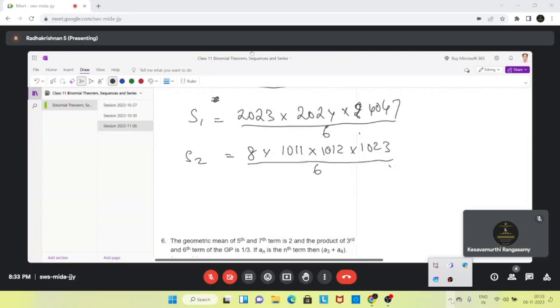So this one we can write as 4 into 1011 into 2024. So now I can take this 2023 into 2024 common by 6 also.